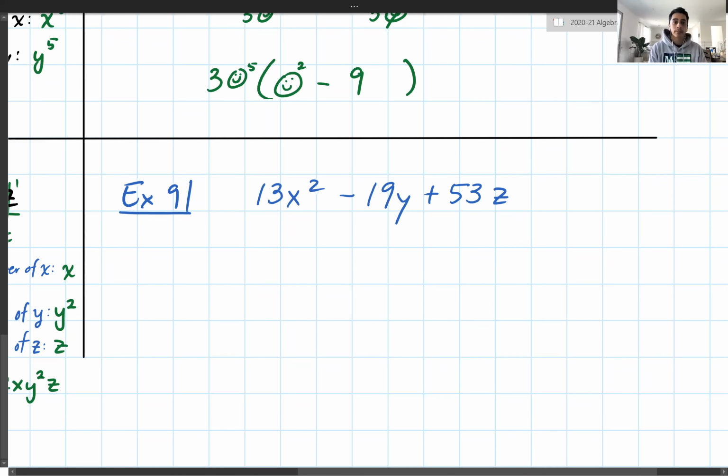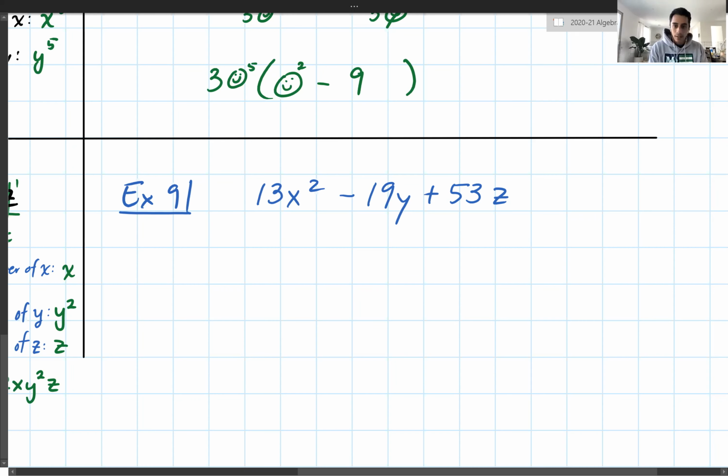So 13 is prime. It can only be factored by 1 and 13. 19 is prime. It can only be factored by 1 and 19. So already right there, there's a problem because there's no two numbers that could actually divide 13 and 19. So there's no way that there's going to be a number that could factor all three.